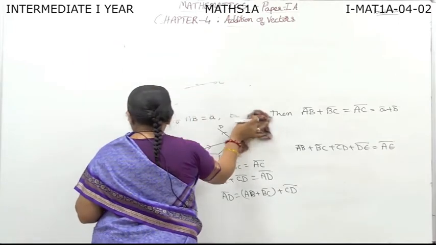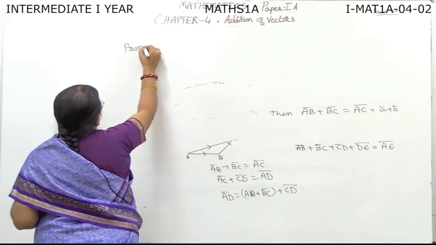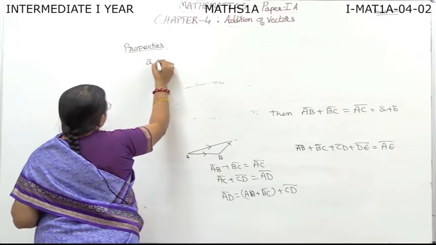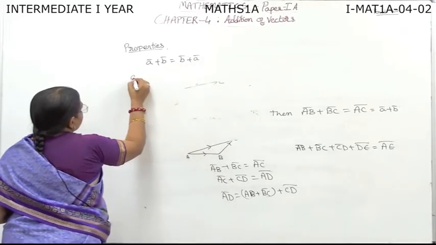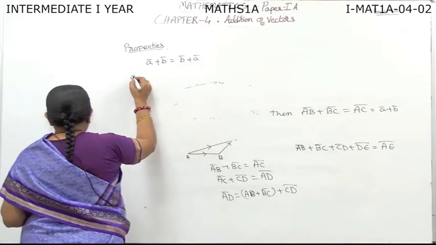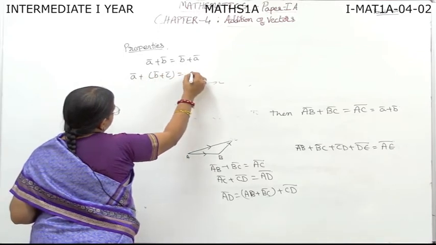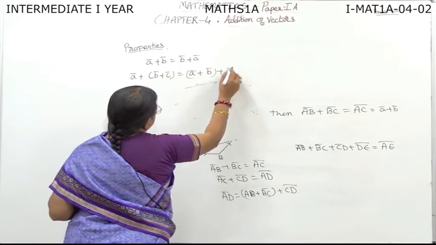Next, the properties. A plus B is equal to B plus A, and A plus B plus C is equal to A plus B plus C, grouped either way.